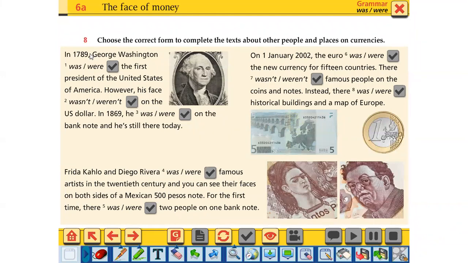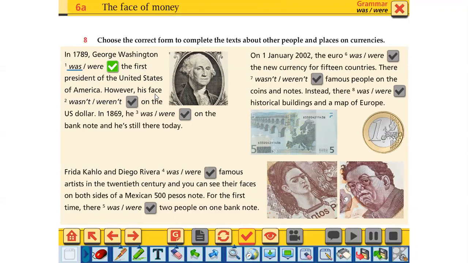Okay, here we have to choose the correct form to complete the text about other people and places on currencies. En las monedas. In 1789, George Washington was the first president of the United States of America.